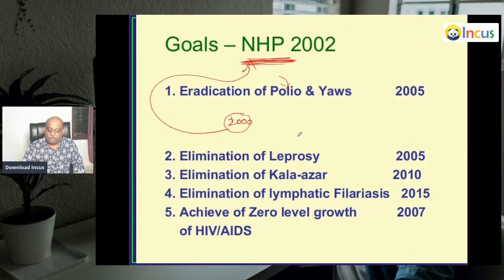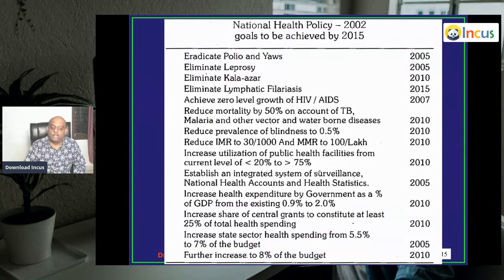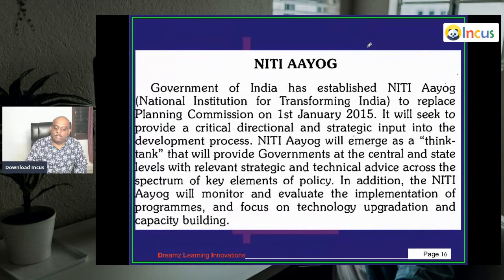So polio eradication, leprosy, kala azar, filariasis, zero level growth of HIV, etc. So later, the national health policy, originally in 1983, and then 2002, with a lot of goals to be achieved by 2015. Then 1st January of 2015, Niti Aayog, National Institution for Transforming India, replaces the Planning Commission.